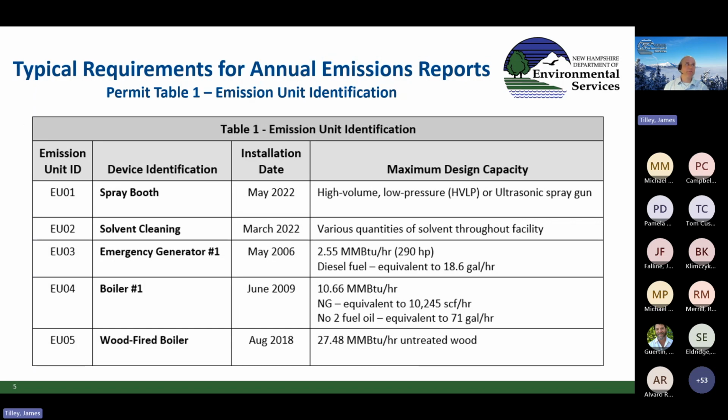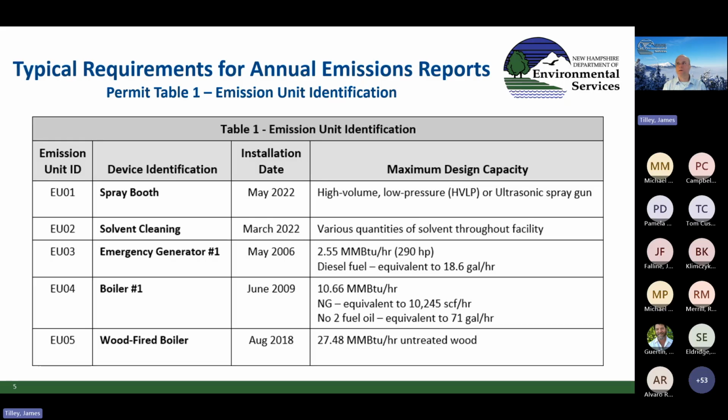All right, so getting started here. For all you permitted sources out there, in your state operating permit, your temporary permit, or your Title V permit, you should have Table 1 in your permit. This is the first table, and it lists all the emission units that you need to report emissions on. If it's listed in that table, we need to have emissions reported, even if they're zeros.